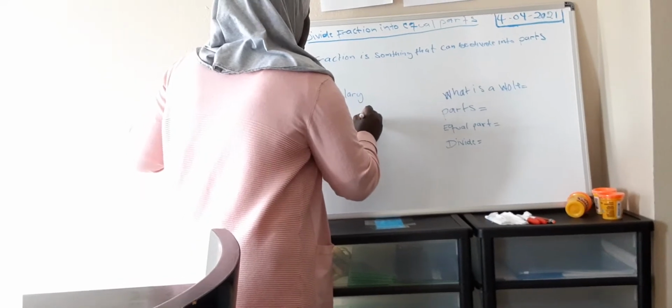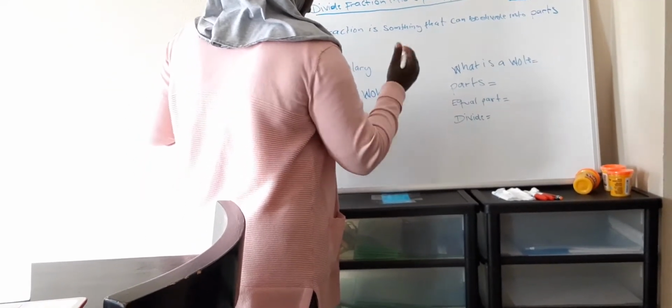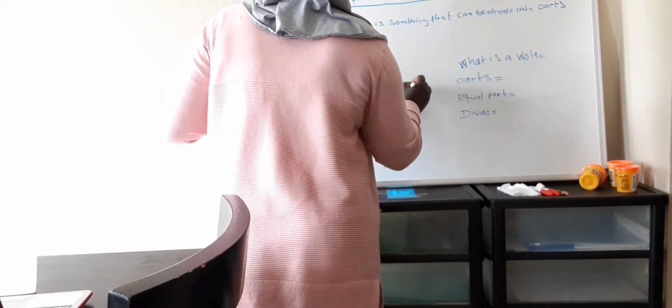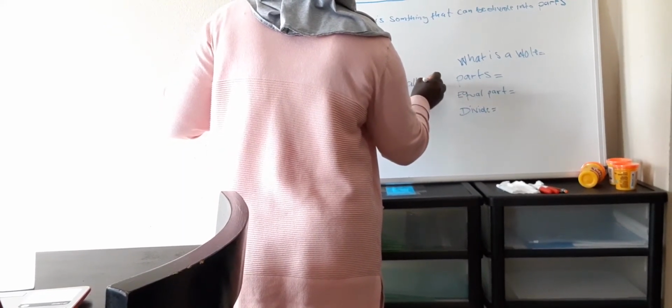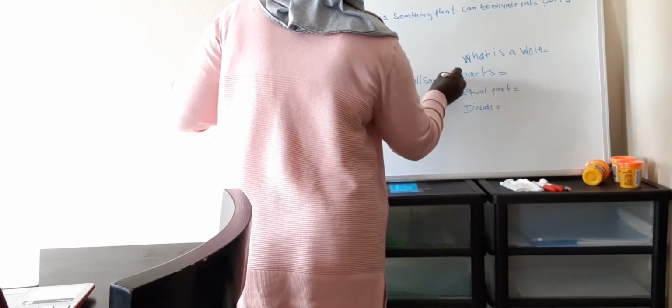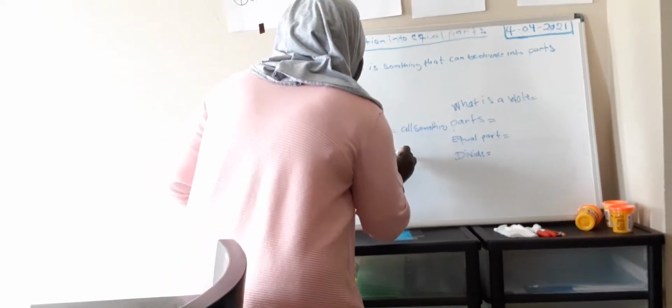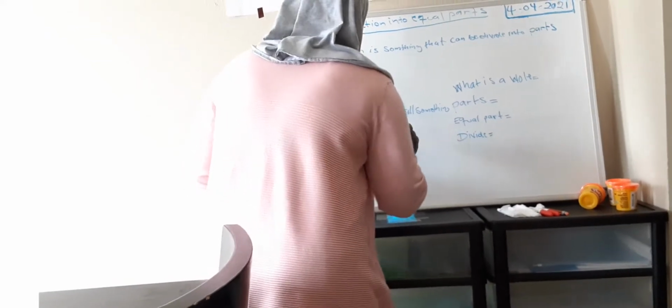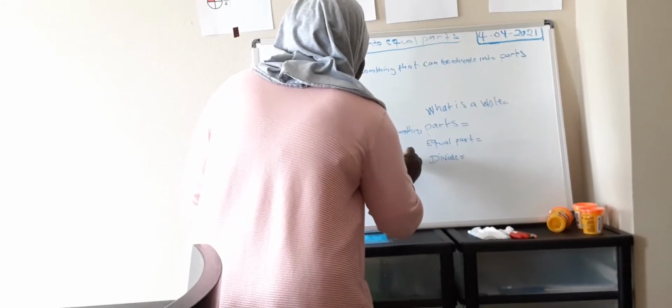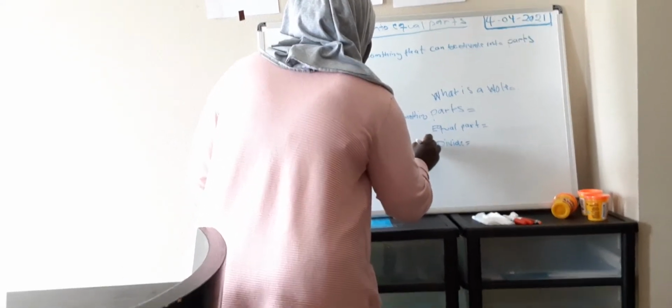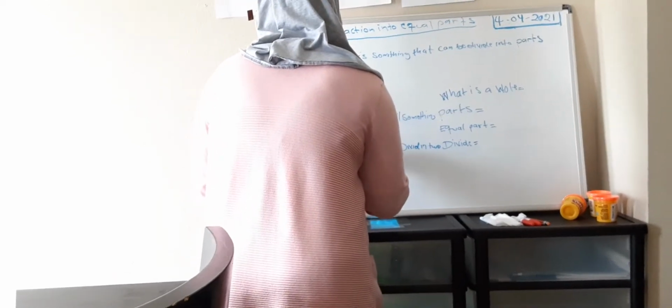One whole is all of something. 1/2: half is when it's divided into two equal parts.